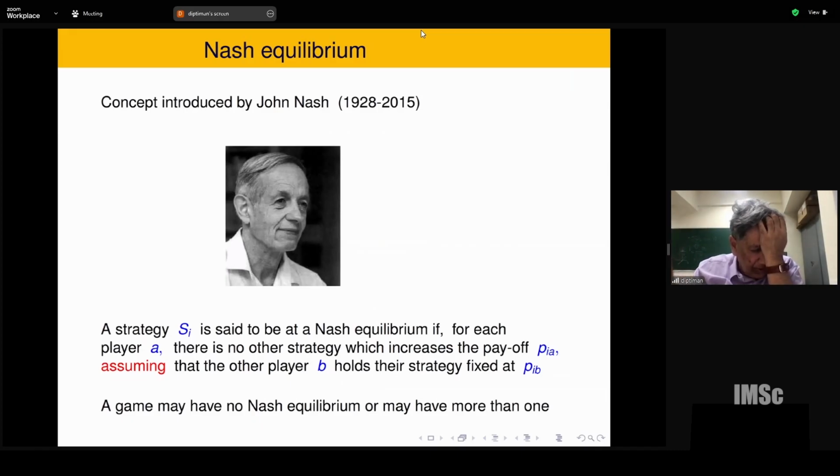A is completely blind to what B is doing, so A just thinks from their own point of view: what can I do to maximize my own payoff? If you find that there is nothing you can do to improve your own payoff, and this is true for both player A and player B independently, then you are at a Nash equilibrium. A game may have no Nash equilibrium or more than one Nash equilibrium.